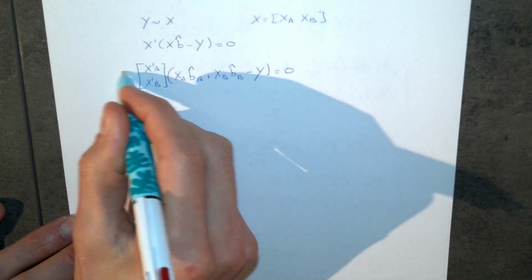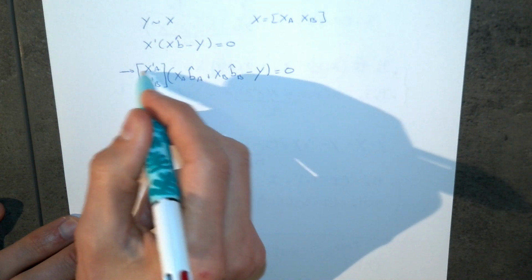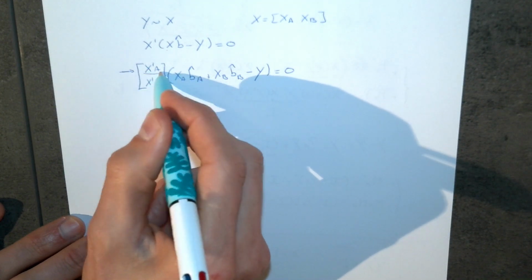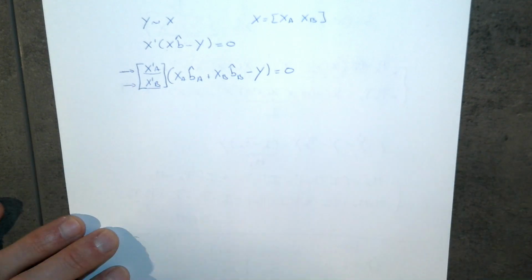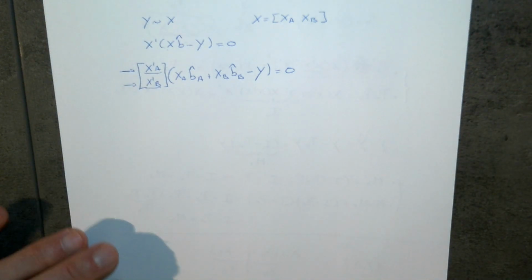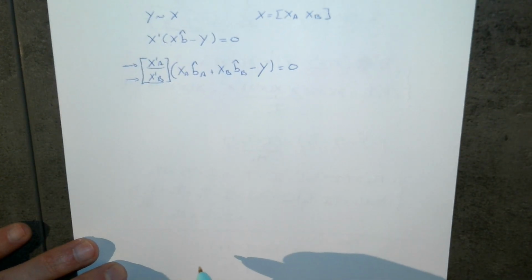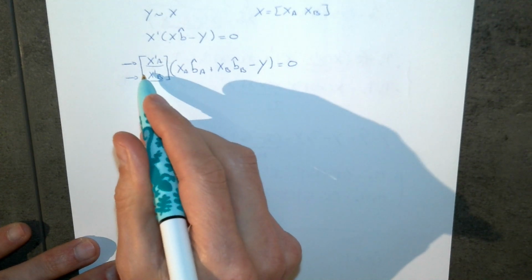Okay, so here these are the first rows corresponding to the covariates of A, and these are the second part of the rows corresponding to the covariates in xb. So we can split this up into two parts.